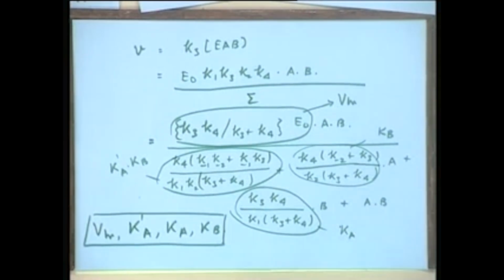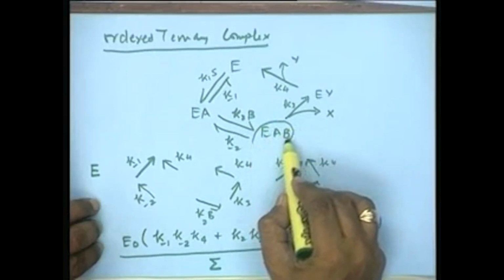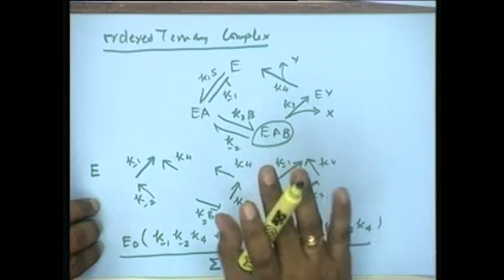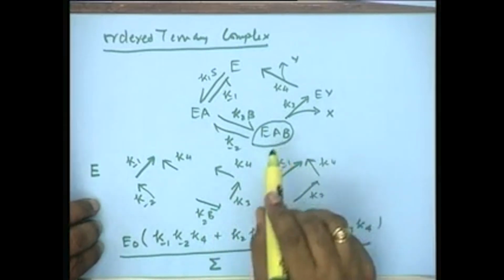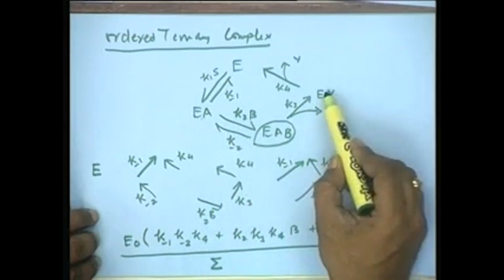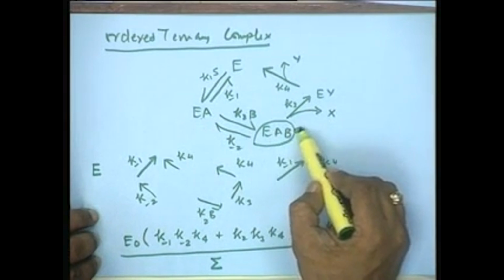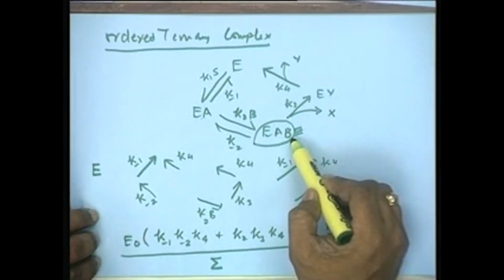Now, you notice that in the case of a Theorell-Chance mechanism, which we considered a special case of the ordered ternary complex formation, we assume that the complex EAB is very unstable, as if the EA directly goes into E by forming a product X, and there is no significant concentration of EAB present.